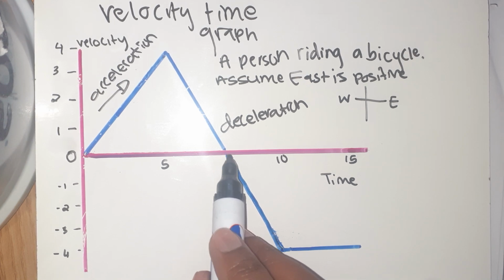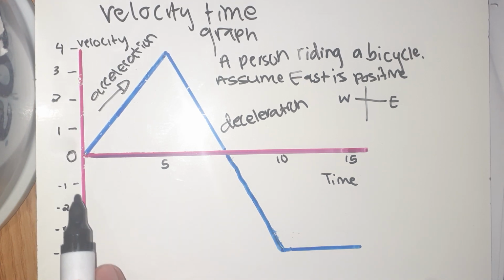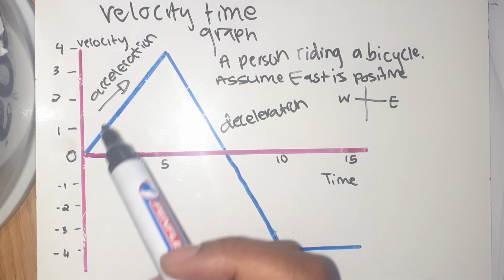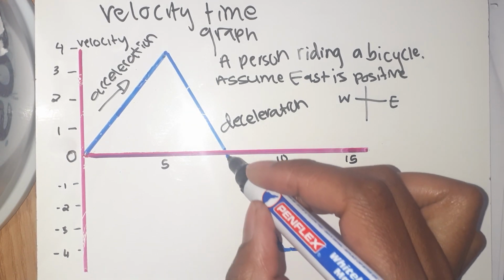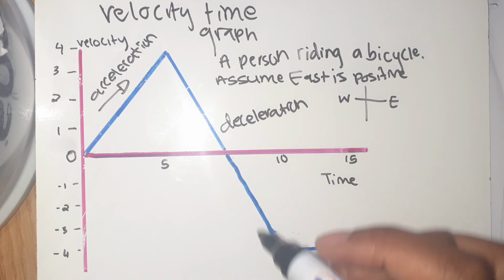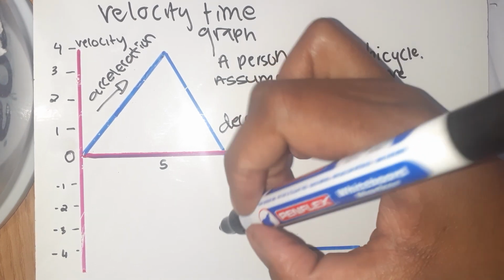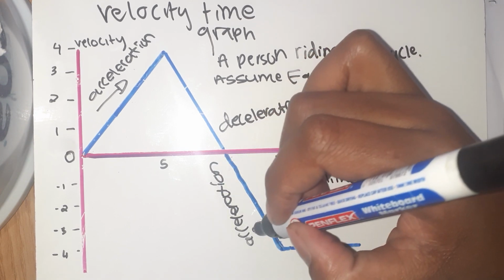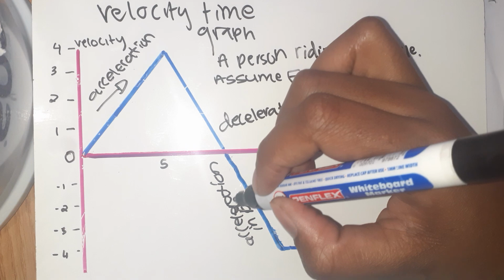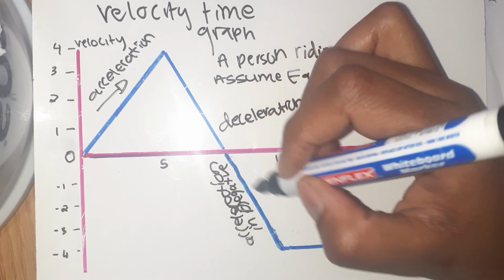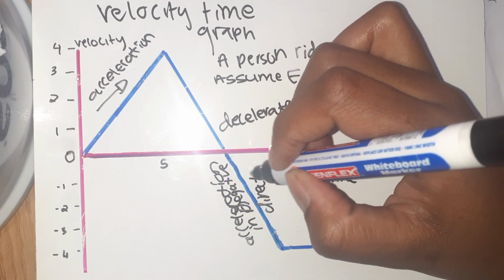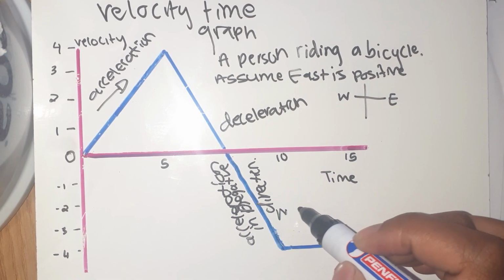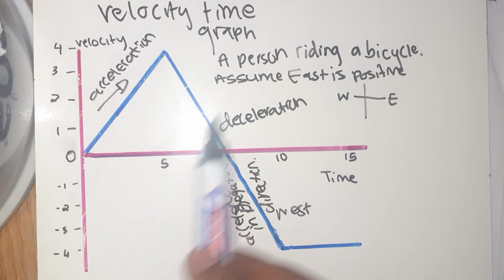Now, where we have negative values here, it's a different direction. So they were going towards the east. Now they are accelerating in the negative direction, west, because east is positive.